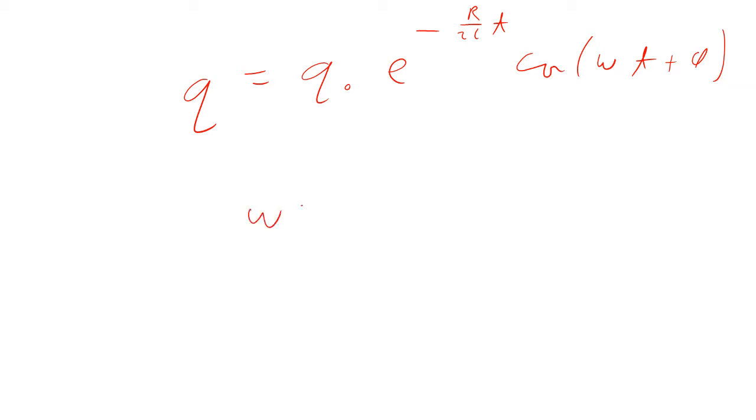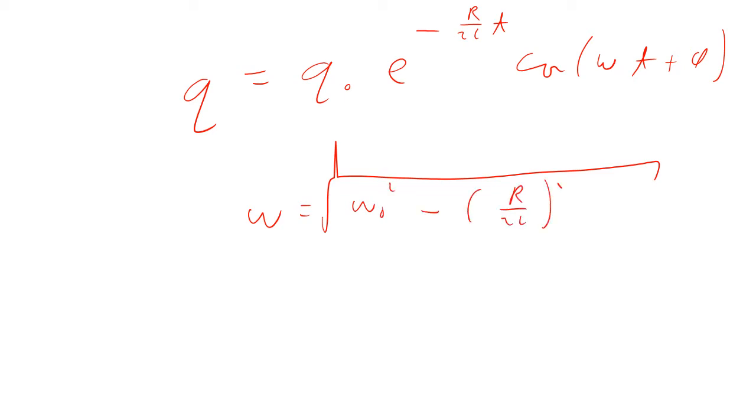What you get is that Q, which is the charge on the capacitor, is Q naught e to the minus R over 2L t times the cosine of omega t plus some kind of phase factor, where omega is now equal to the square root of omega naught squared minus R over 2L squared.